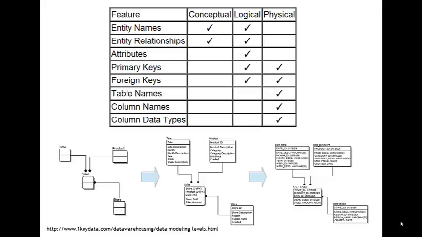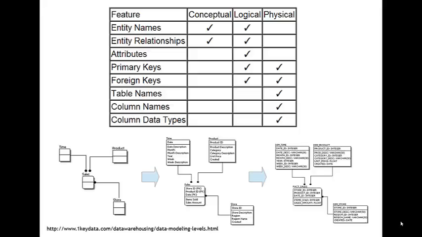This slide also illustrates the progressive nature of the data modeling process. At the conceptual level, we're interested in entity names and relationships. By the time we move into the logical phase, we're not only interested in the entity names and their relationships, but also their attributes and the key relationships that connect these entities together.